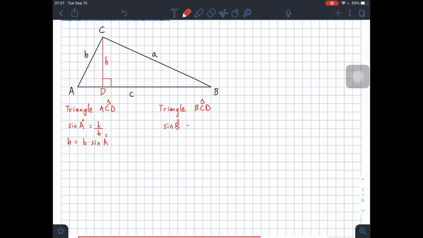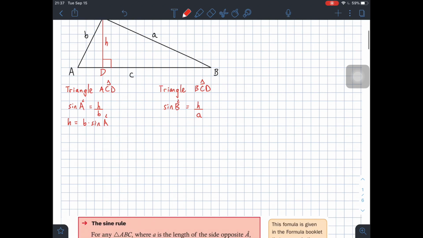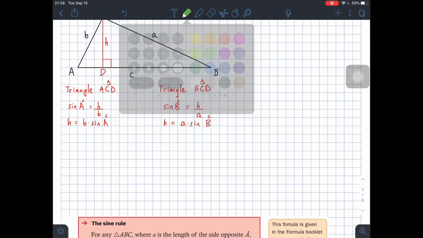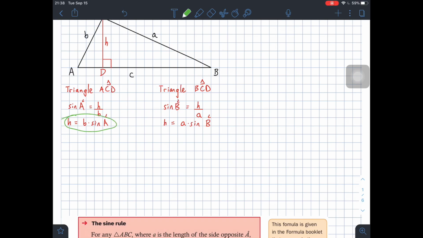So sine of B is H over A. So by solving for H, we're going to have that H is equal to A times sine of angle B. And you see that in this expression, we have H alone. I'm going to write this expression number 1. And here I also have H alone. I'm going to call this expression number 2.